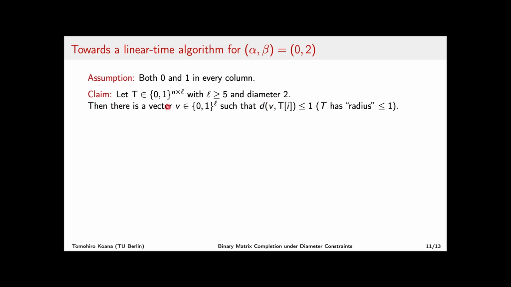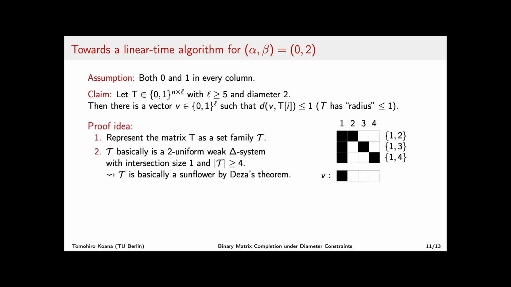We show that this matrix T basically has radius 1, meaning that there's a vector V of length L such that the distance from V and Ti is at most 1 for every row. This can be proved as follows.